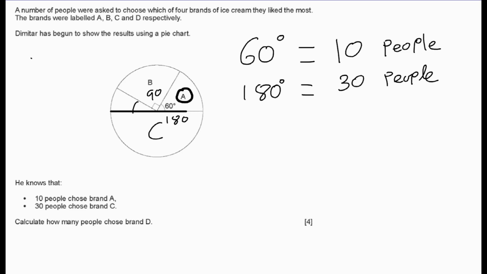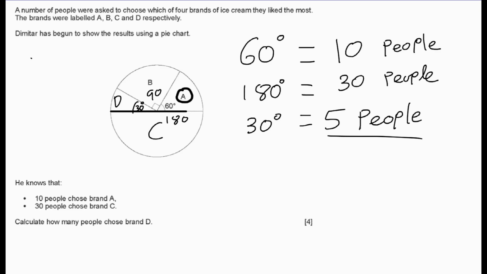So to get D's angle, we just need to do 180 take away 150, which is 30. So angle D is 30 degrees. Well, that's half of 60 degrees, so that's going to be half of 10 people, which is 5 people. So we can say that 5 people chose brand D.